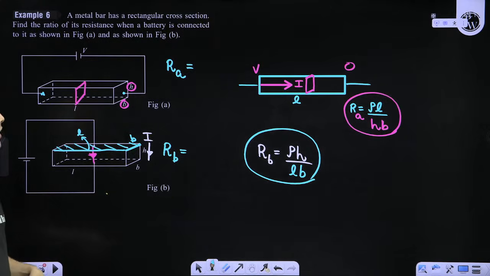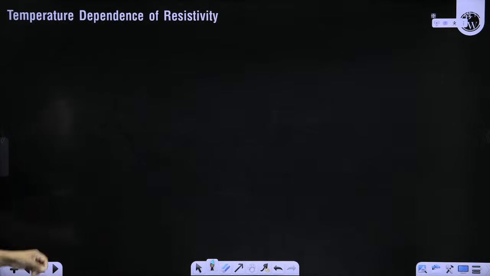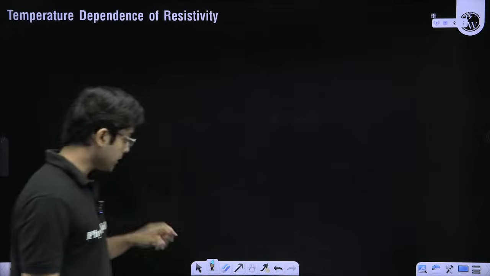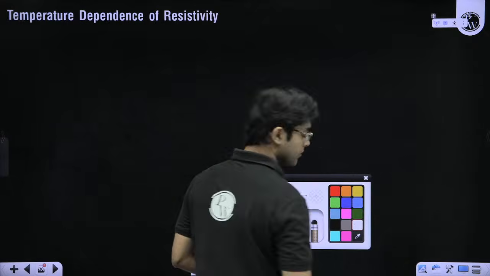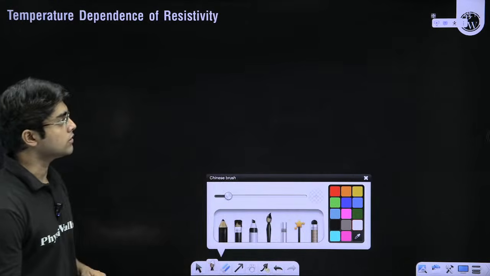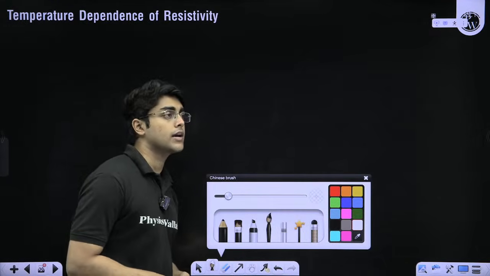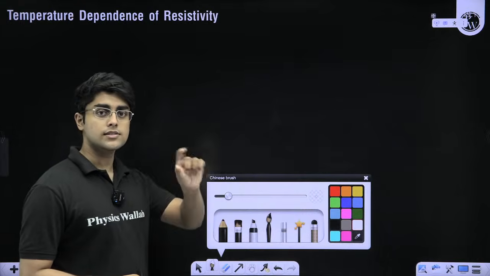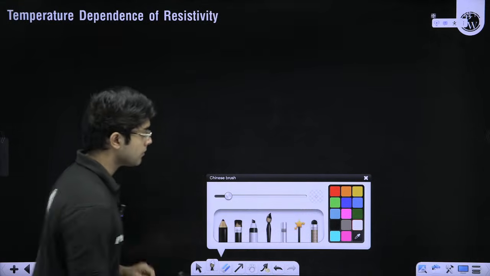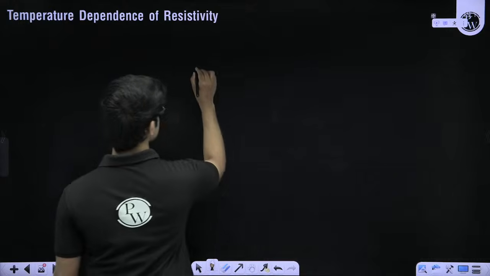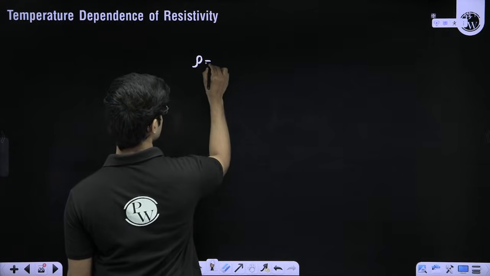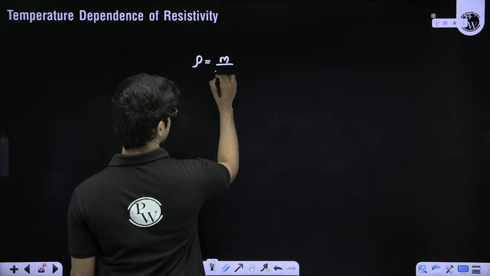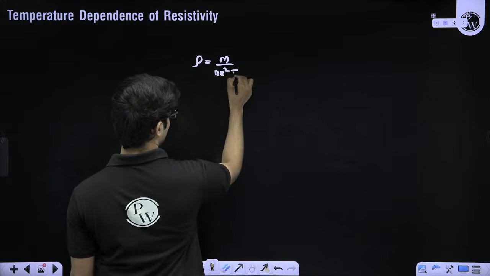Great. Then, temperature dependence of resistivity. We briefly talked about this earlier. Resistivity depends on the temperature, right? The relation of resistivity was rho equals m divided by n e square tau.